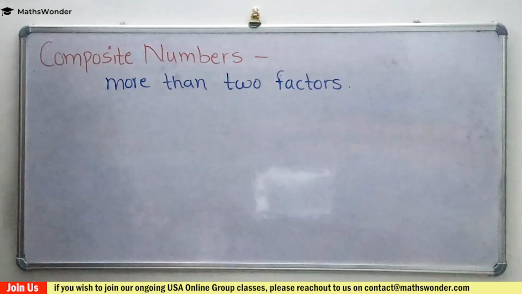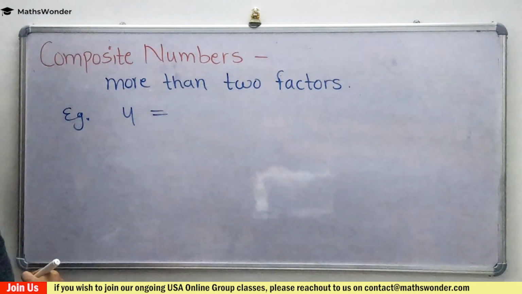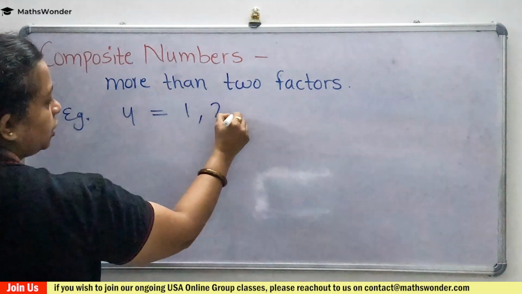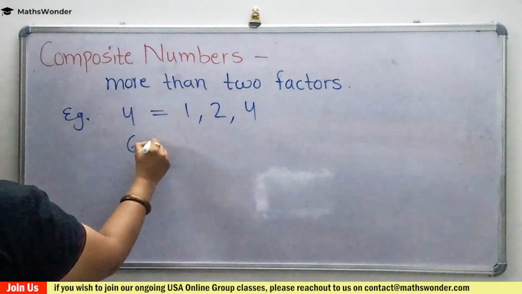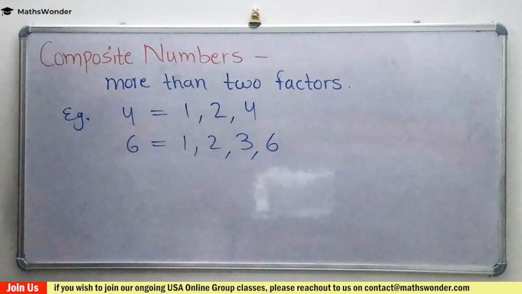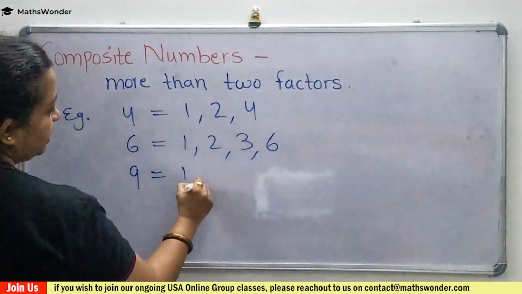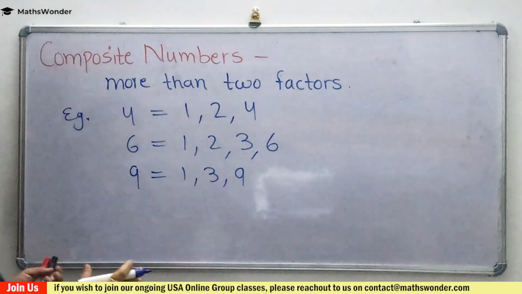For example, 4: the factors are 1, 2 and 4. 6: 1, 2, 3, 6. So more than 2 factors. Same for 9: 1, 3, 9.